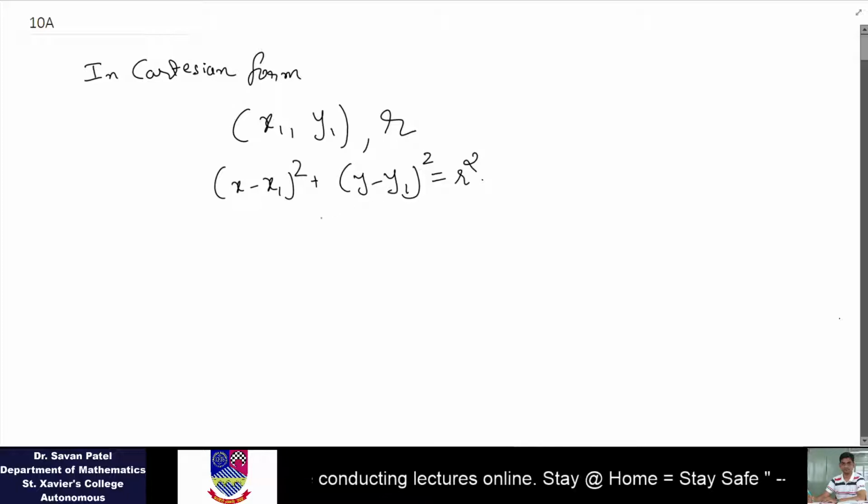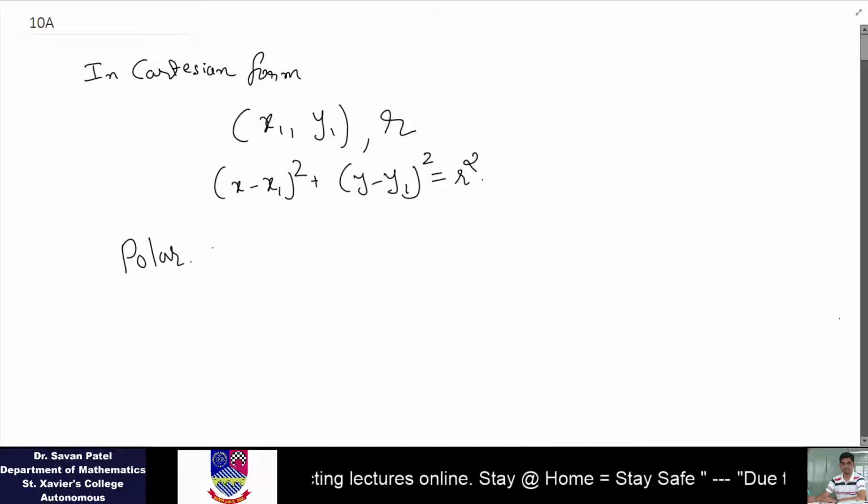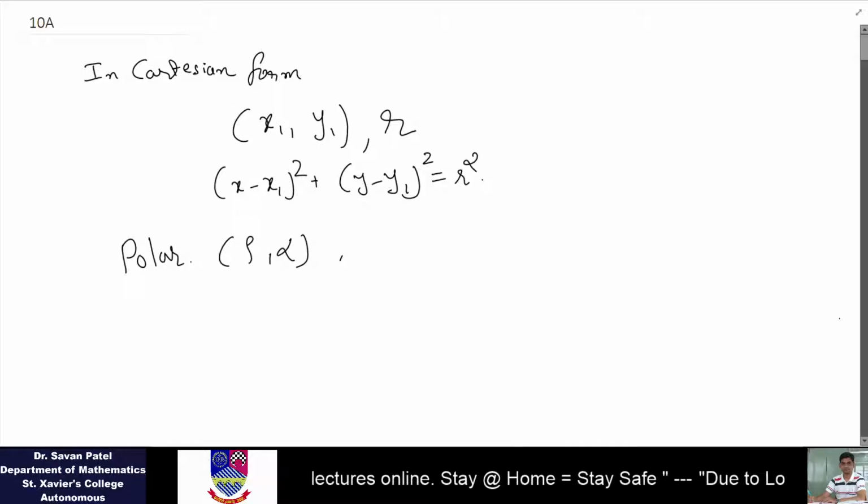Now, if you are thinking about in polar form, then in polar, if your center is (rho, alpha) and radius is a, I am not keeping r because we usually take r as a variable in polar.